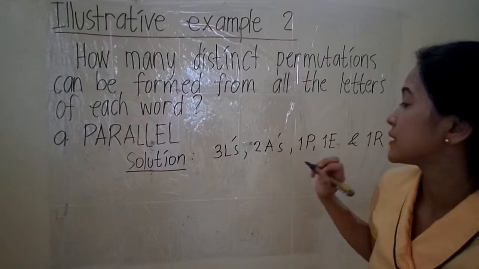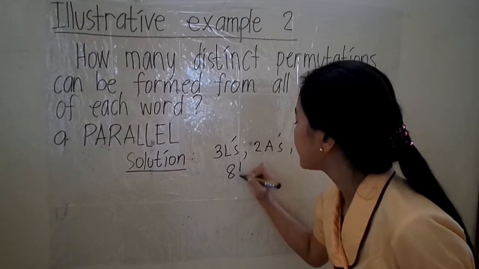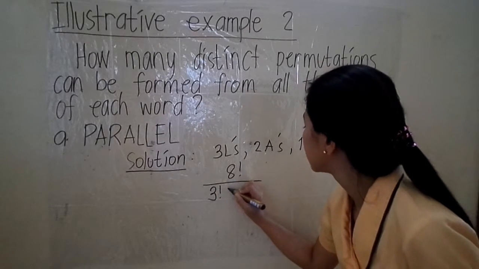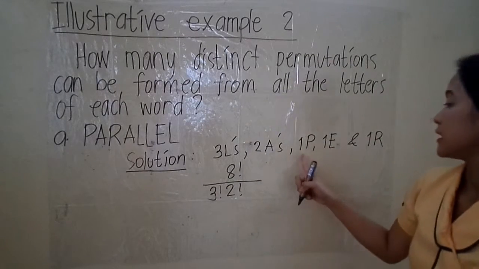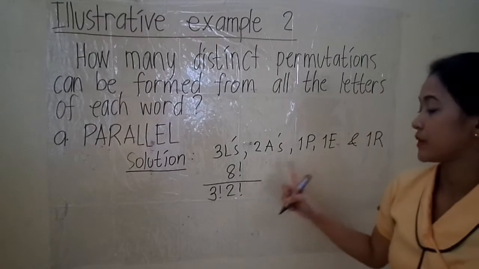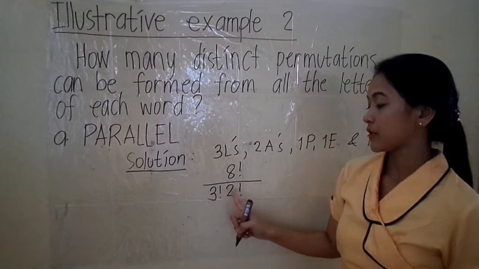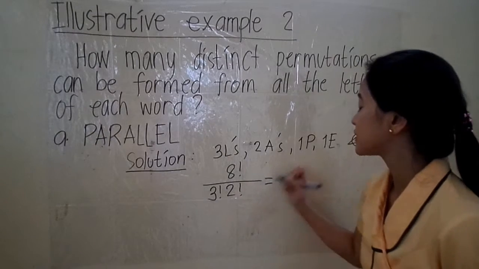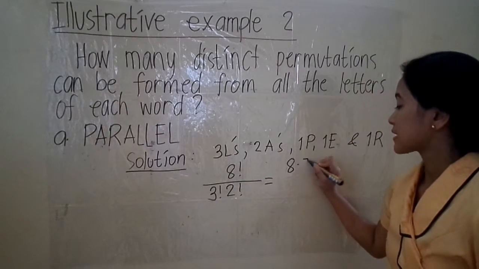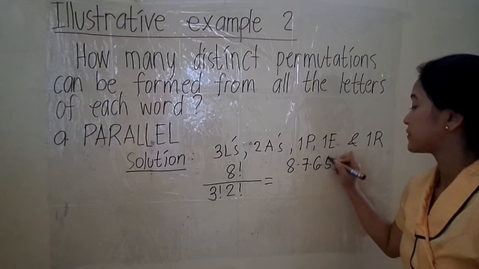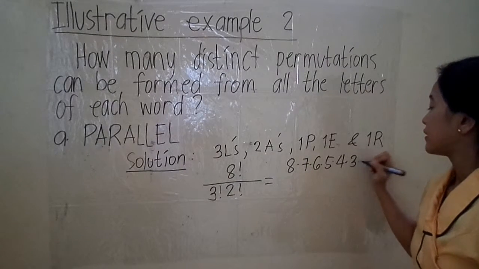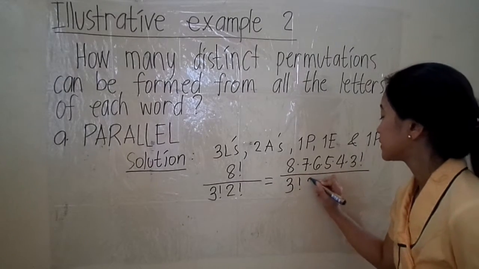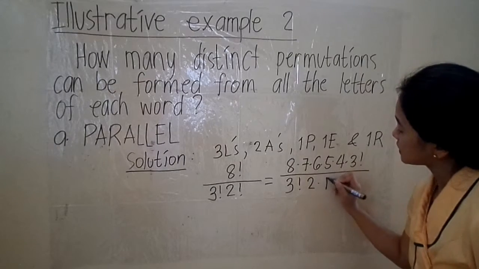So to solve this, we have 8 factorial over 3 factorial and 2 factorial, since 1 here can be counted from these numbers. Now to solve this, we have 8 times 7 times 6 times 5 times 4 times 3 factorial over 3 factorial times 2 times 1.